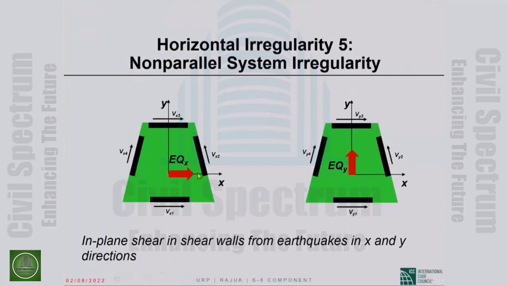This is earthquake in the X direction, which causes Vx in wall 1, Vx in wall 2, Vx in wall 3, Vx in wall 4. Those are shear forces in the walls. The Y earthquake causes Vy1 in wall 1, Vy2 in wall 2, Vy3 in wall 3, Vy4 in wall 4.